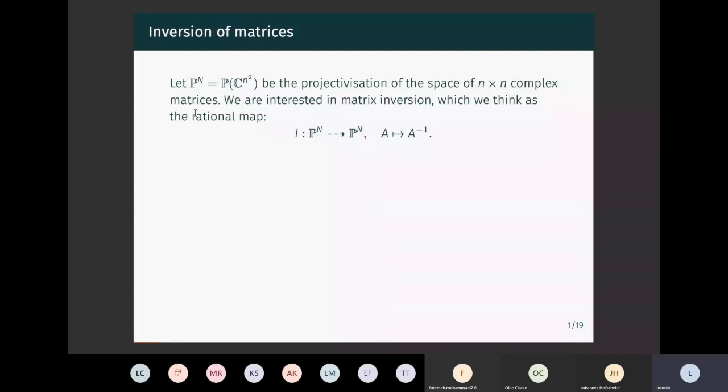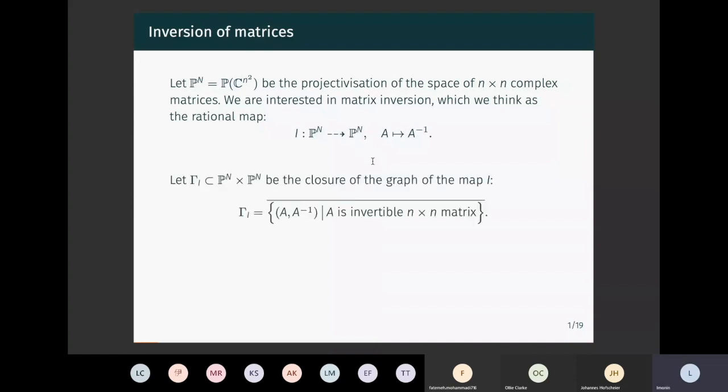So we want to study the inversion map, which we view as a birational map of this projective space to itself. If you have an invertible matrix, it sends it to its inverse, but it of course has some indeterminacy locus, which is the locus of matrices of rank less than n. Specifically, we want to study the graph of this map, or more precisely the closure of the graph.